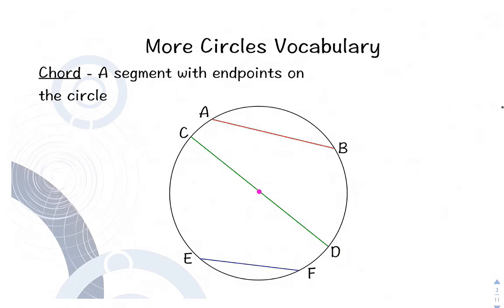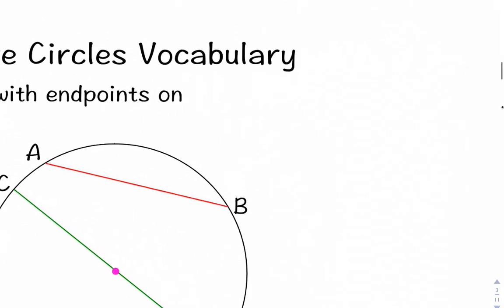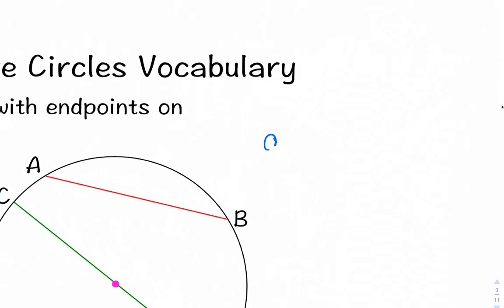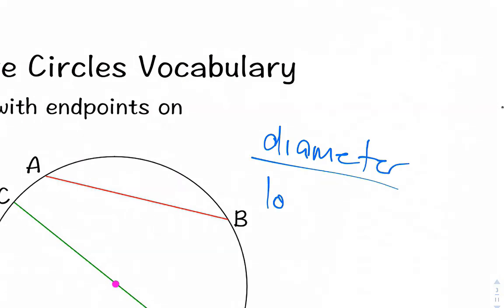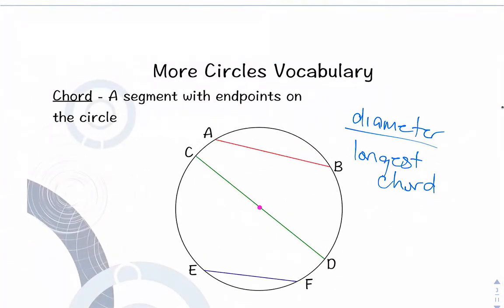So a diameter, and we can actually make a quick note about this if you want to. A diameter is the longest chord. If you think about any other chord outside of a diameter, so if I take a point from C and I connect it with D here, okay, if I go anywhere along the circle, that chord is going to get shorter and shorter until I end up back at C. Same thing here.